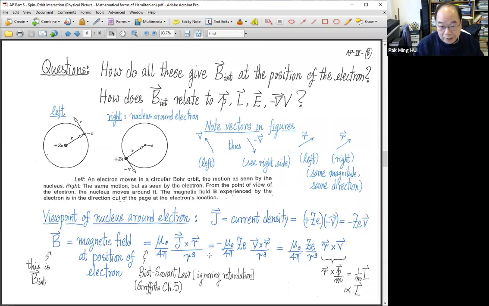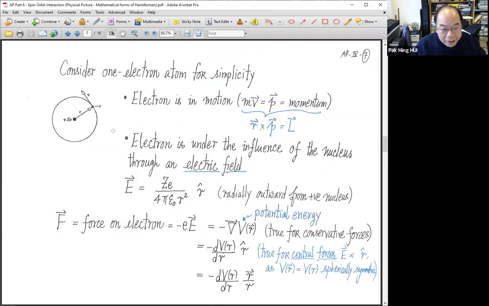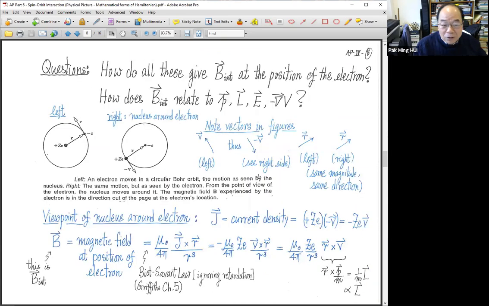Now, the question is, what is the internal magnetic field? Naturally, we should start with the electric field, okay? And then we are talking about how we could get an expression for the internal magnetic field.